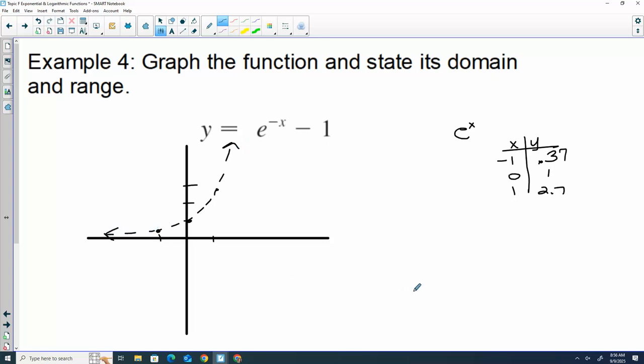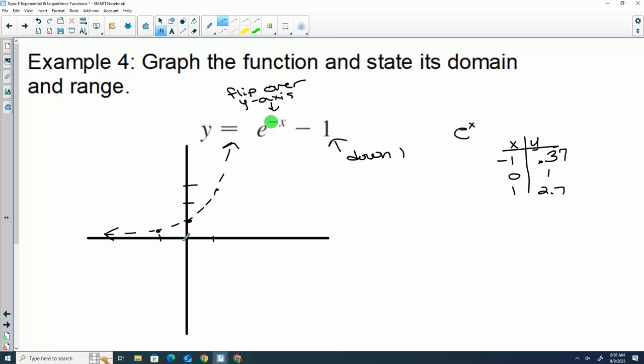What's the transformation on this one? Flip across the y-axis and down. We have a negative right here, which is changing the signs on all of the x's. So it flips over the y. And this one will go downward.